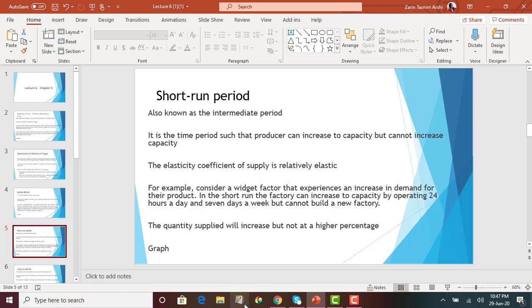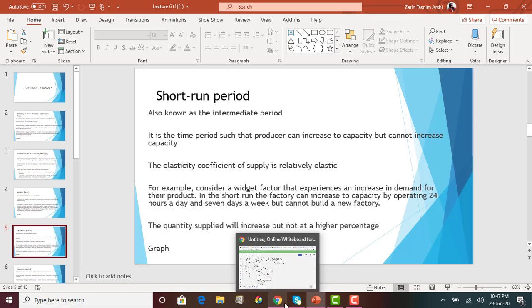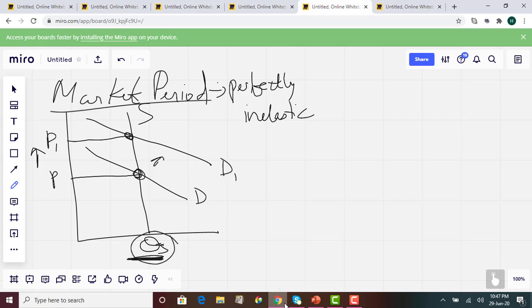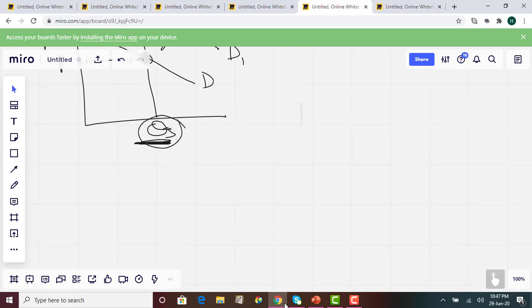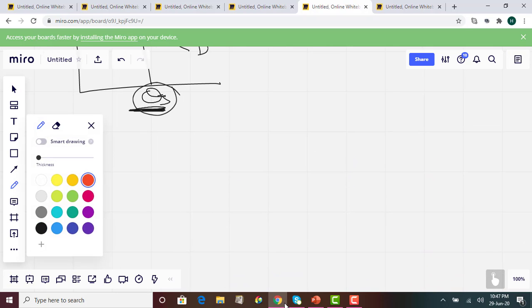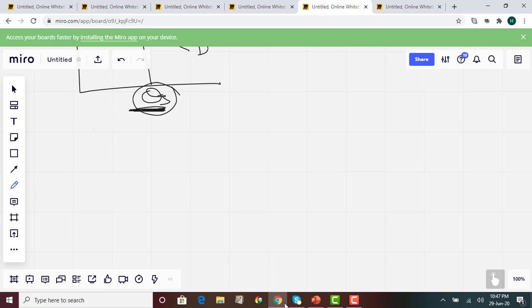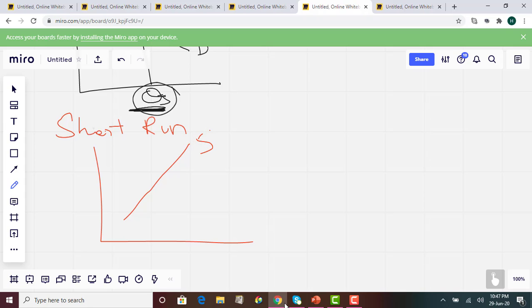Okay, and as a result, the graph will be upward sloping. The supply curve will be upward sloping, and I want to draw that here. So let's say we have the short run, and then in the short run the supply curve will look like this.